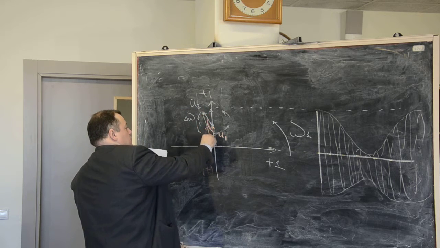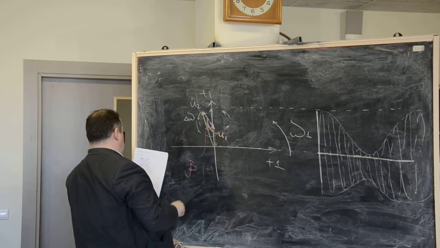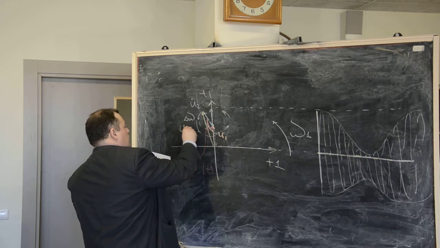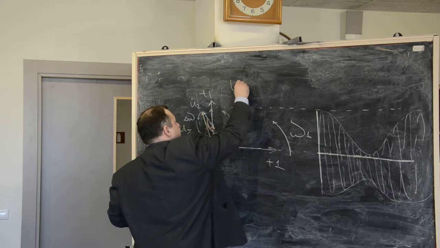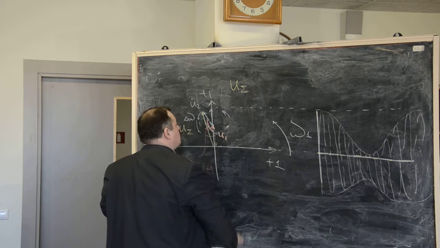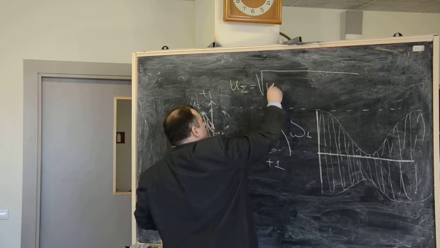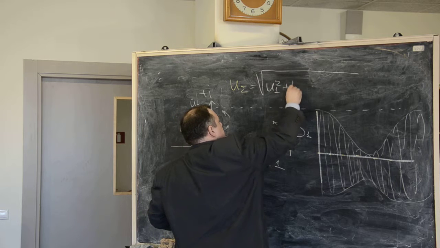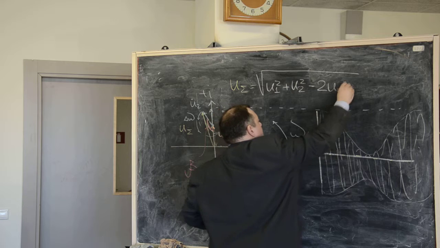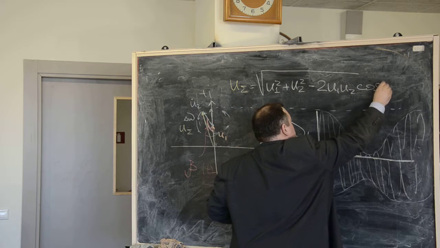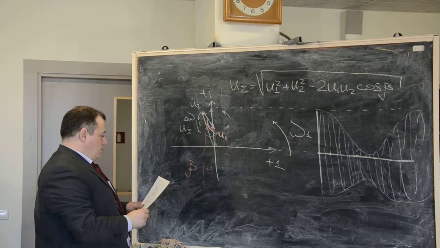This yellow voltage U sum can be determined from the cosine theorem as a square root of the first voltage square plus the second voltage square minus 2 U1 U2 cosine of our angle beta.